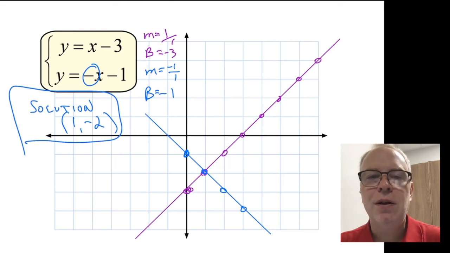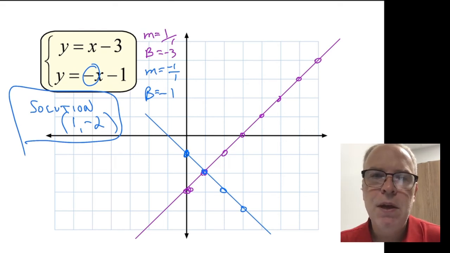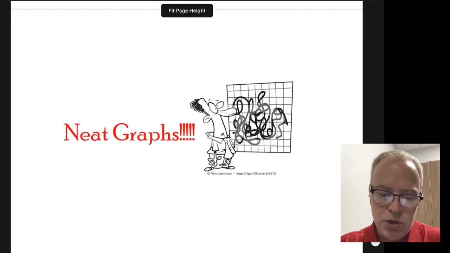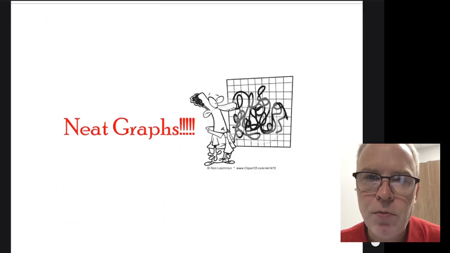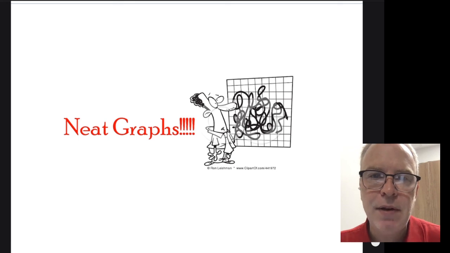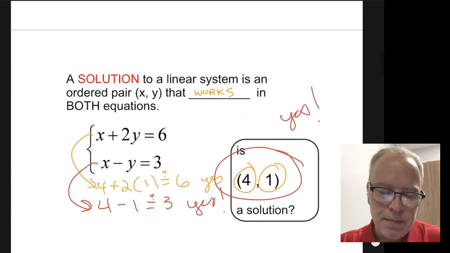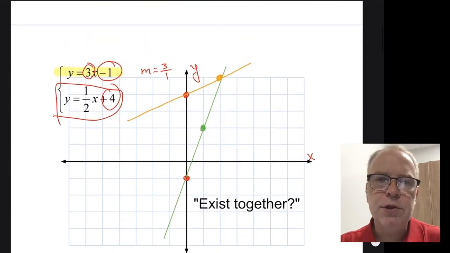And we could even check our answer by plugging that in to the original question and finding out that it works. Now, I do want to also mention, you better darn well have some good, nice, neat graphs here. Otherwise, boy, it's going to be hard to figure out where they hit. I also want to scroll back to this first question here.